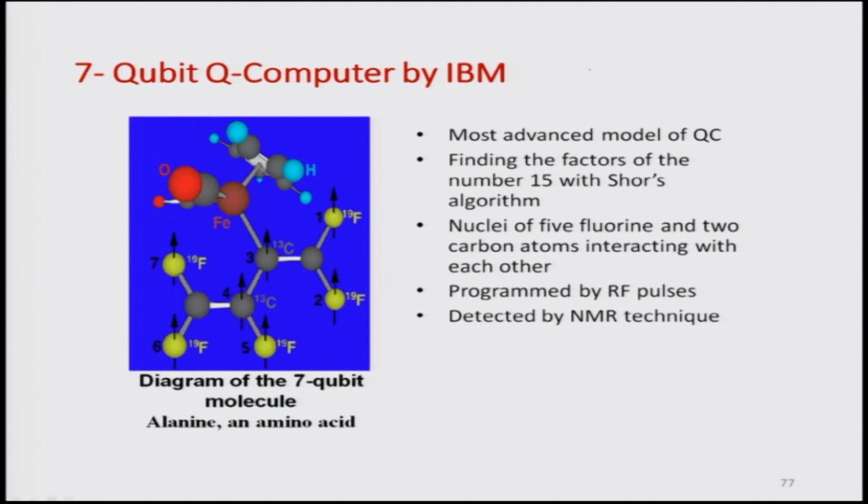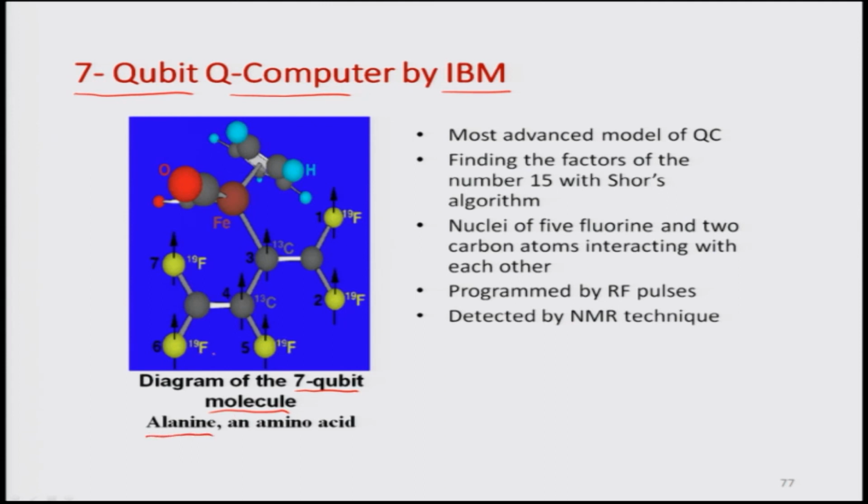The best feat in terms of quantum computing was the implementation of Shor's algorithm by a 7 qubit quantum computer, which was possible at IBM Research by Chuang, who was working there at that time. This used a 7 qubit molecule having an amino acid alanine.